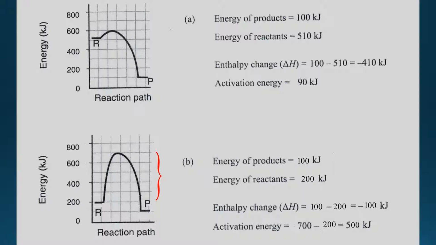So on these two calculations, you can see enthalpy change is different from activation energy. They are two different methods. Enthalpy change only looks at how much energy content is released. Activation energy is talking about how much energy you need to input to bring a reaction about.